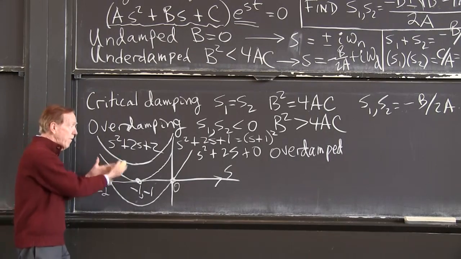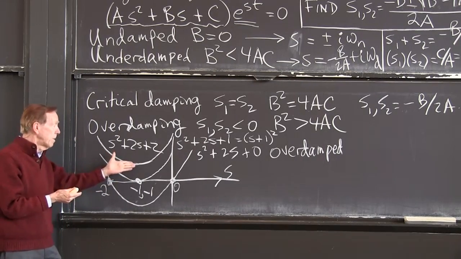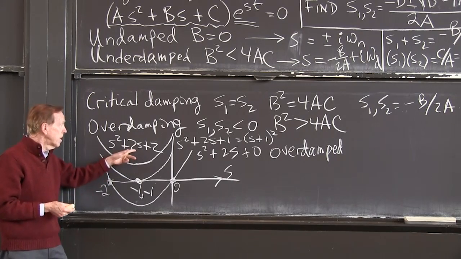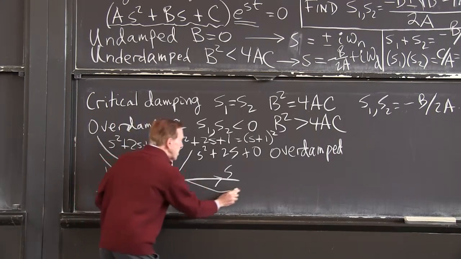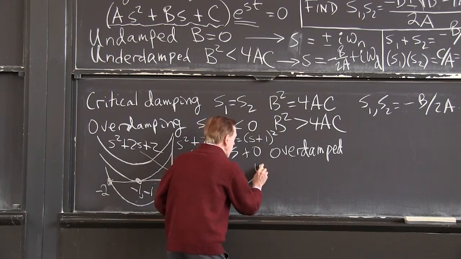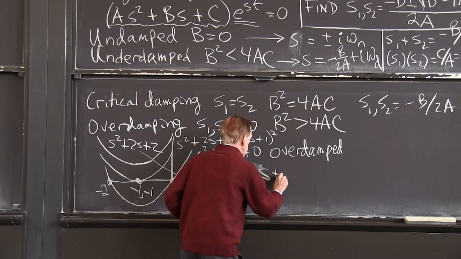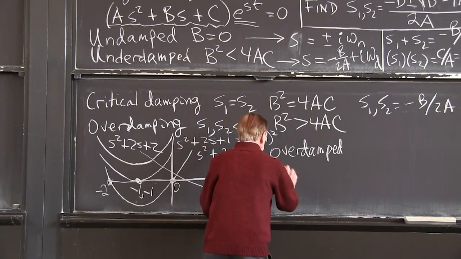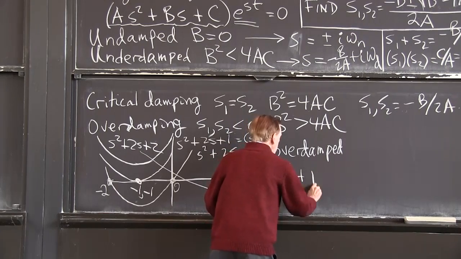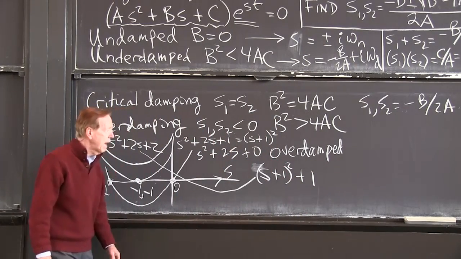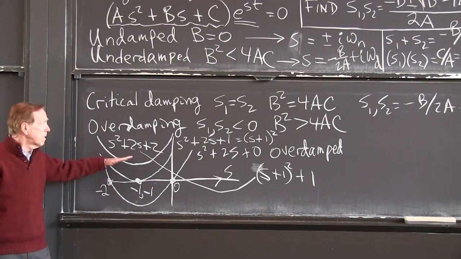This is a real graph in the real plane, and it's never 0. This is the case when I have S plus 1 squared plus 1. Never 0.